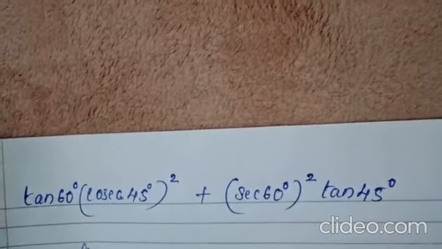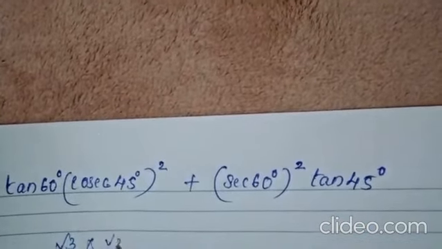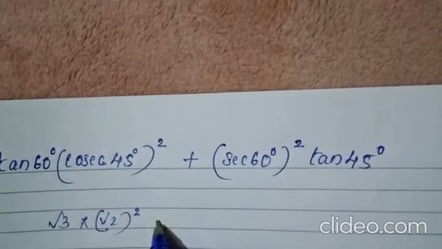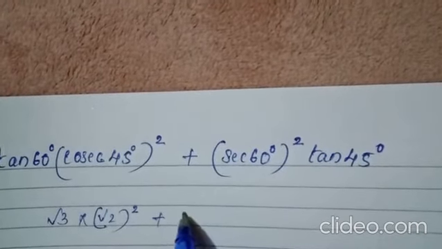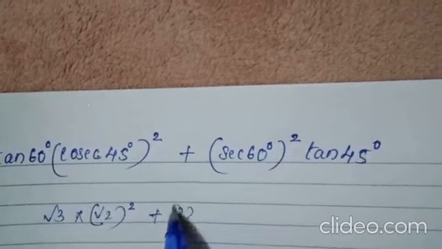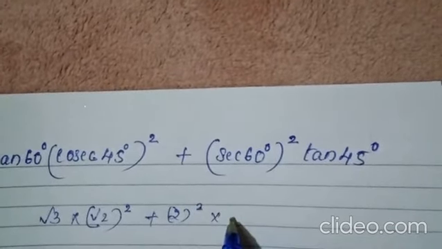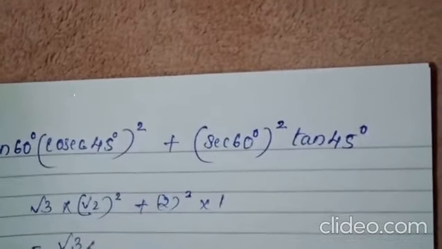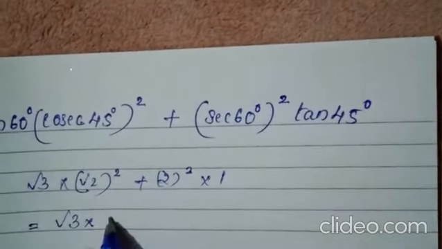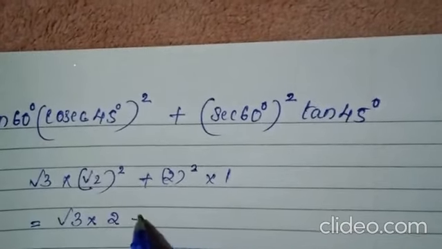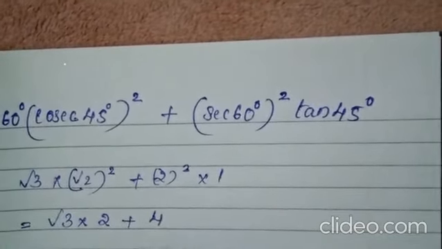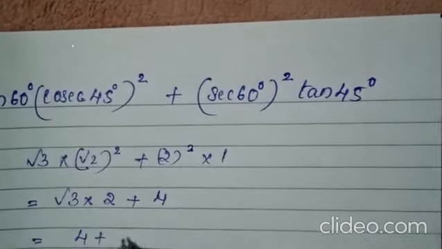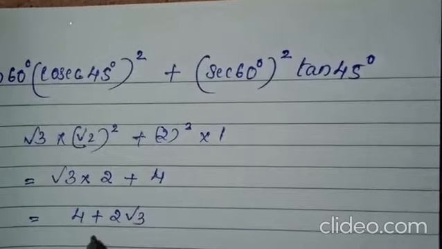Tan 60 root 3 into cosec 45 root 2 the whole square plus sec 60 square 2 square into tan 45 1. So, we should simplify. Root 3 into root 2 the whole square means 6. 2 square means 4. So, we will get the final answer 6 plus 4.